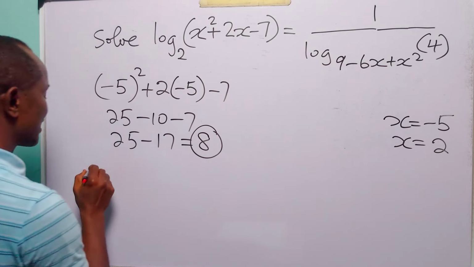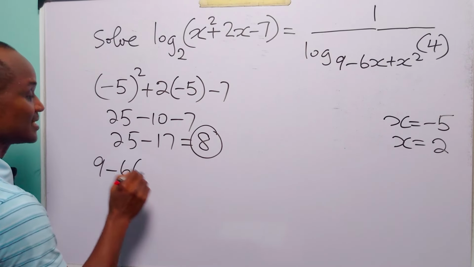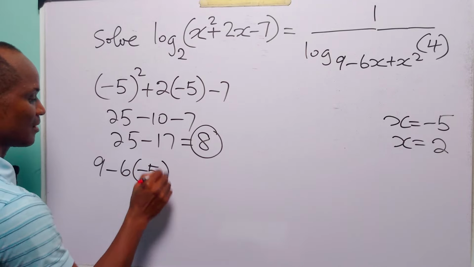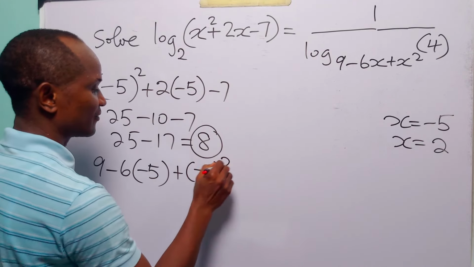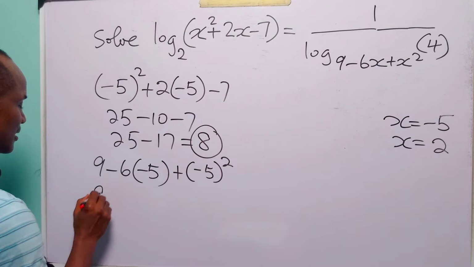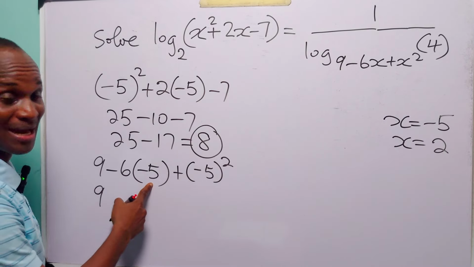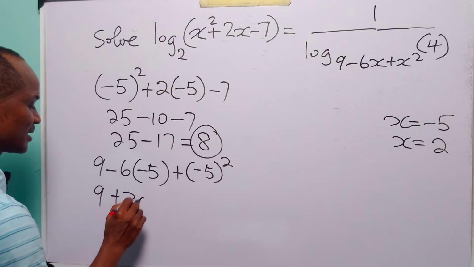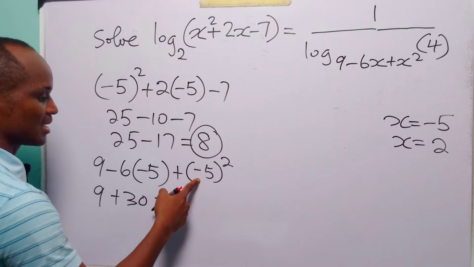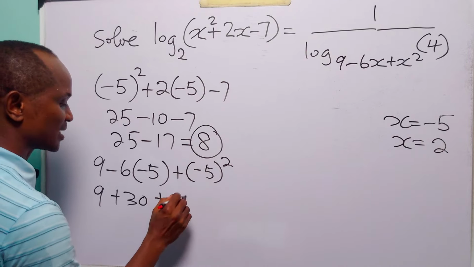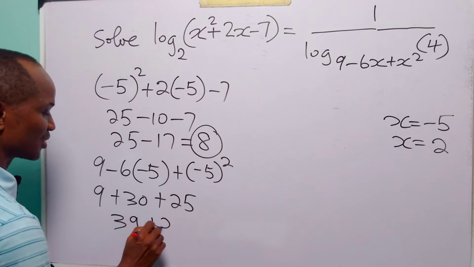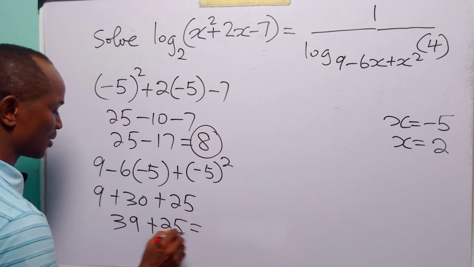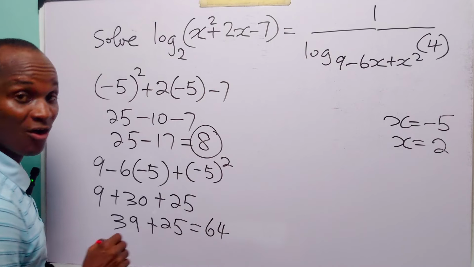In this case, we have 9 minus 6 times minus 5 plus minus 5 squared. 9 minus 6 times minus 5 is plus 30, so 39, plus minus 5 squared is 25. 39 plus 25 is equal to 64.